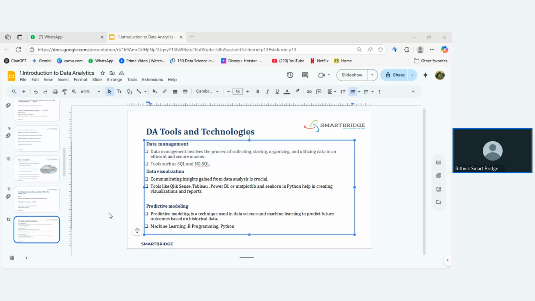Now you give me an example of NoSQL data, a small example.